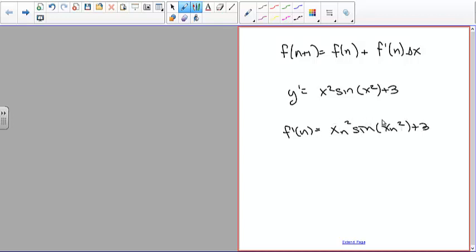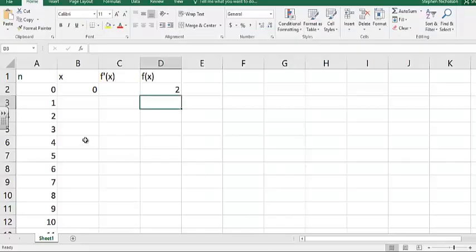Then the new value of the function is the old value of the function plus what we just calculated. We'll have this in a separate cell, and then multiply by delta x, which is 0.01. That's our increment. Okay, so let's do that.